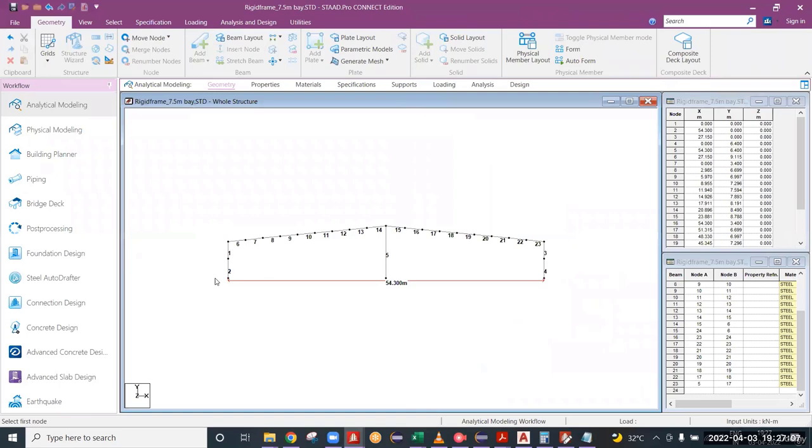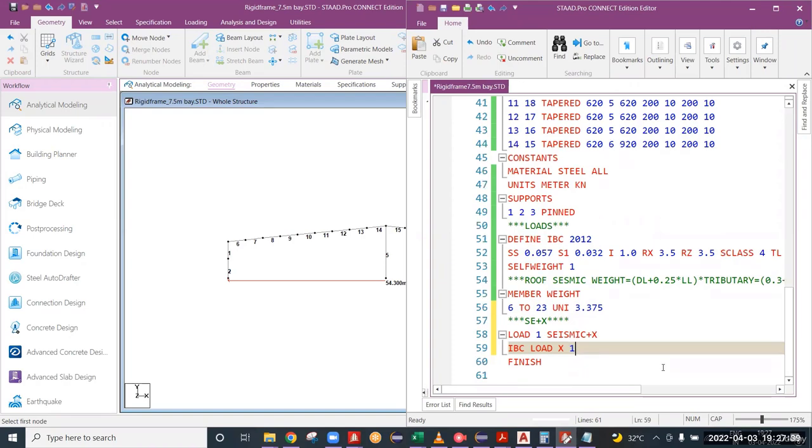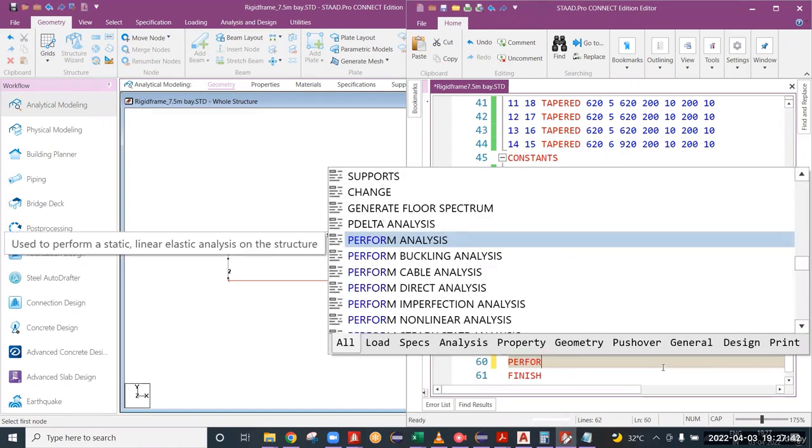If the structure vibrates due to seismic, it will vibrate like this, so there will be lateral force acting on the structure. Here we are doing a 2D frame, so there will be no concept of z, only x. One is positive x and the other is negative x. In the first case we are applying positive x, direction 1. X direction positive, 1 indicates positive. After that, perform analysis.